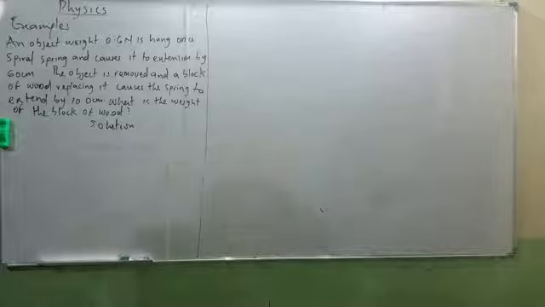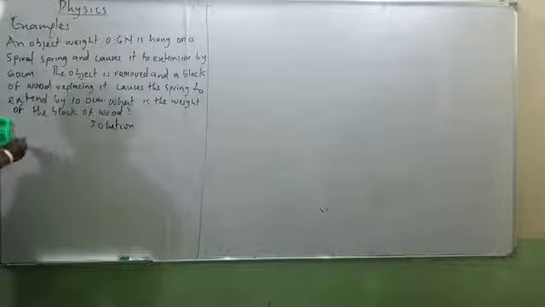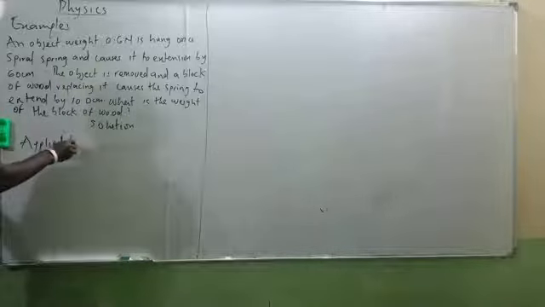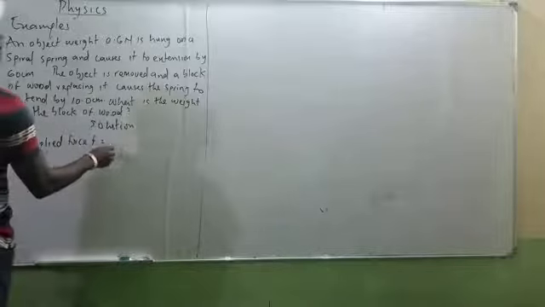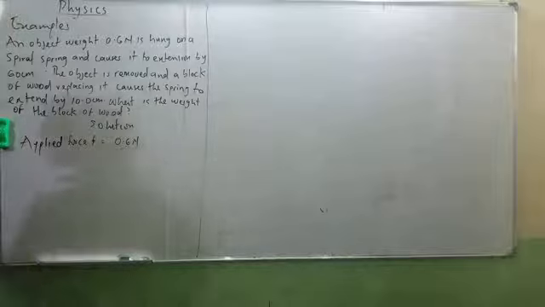Now, the next thing I need to do is let you know what you need to work on. Number one, I have the applied force, which is going to be F. I have it as 0.6 Newton. That is the very first one.